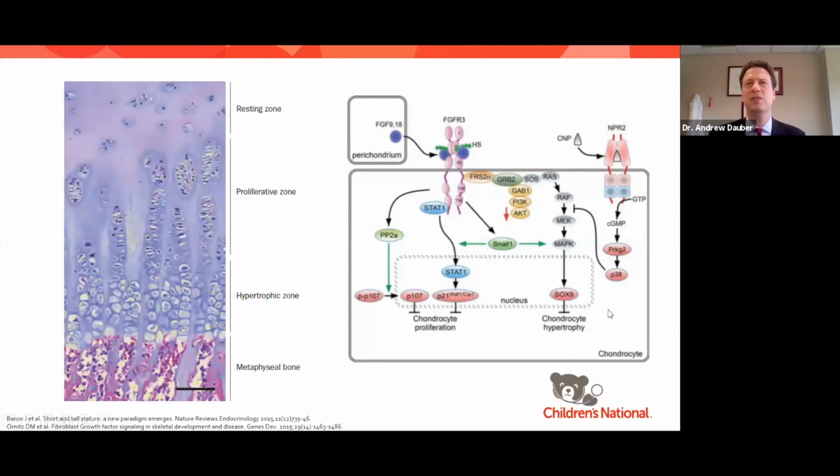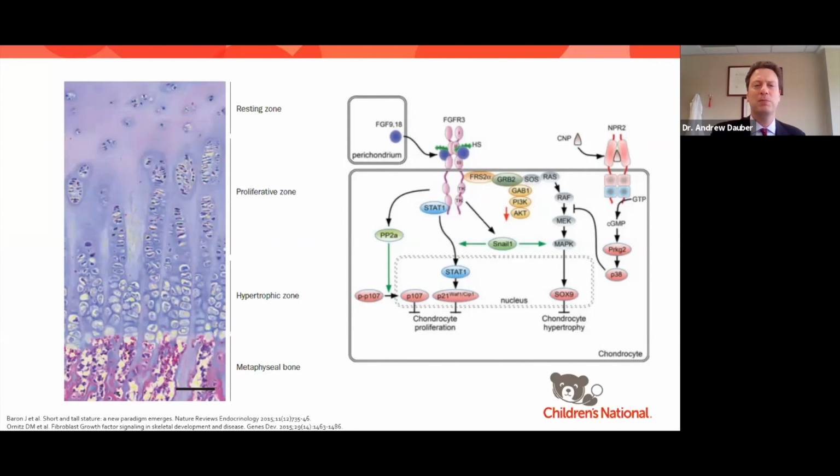So CNP stands for C-type natriuretic peptide, which binds to its receptor, the natriuretic peptide receptor type B, which is encoded by the NPR2 gene. And the purpose of this pathway is actually to promote growth. So as you can see, this pathway actually intersects with the FGFR3 pathway here, and it inhibits that pathway, thereby promoting chondrocyte hypertrophy and increasing growth.